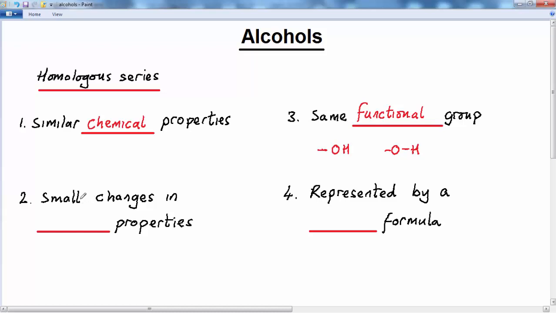That's to say, there are small changes in physical properties as you move from one member of the group to the next. For example, in terms of the boiling point or the melting point of each alcohol. And the fourth important point is that in a homologous series, all members of the family can be represented by a general formula. And we'll have a look at the general formula in a minute.